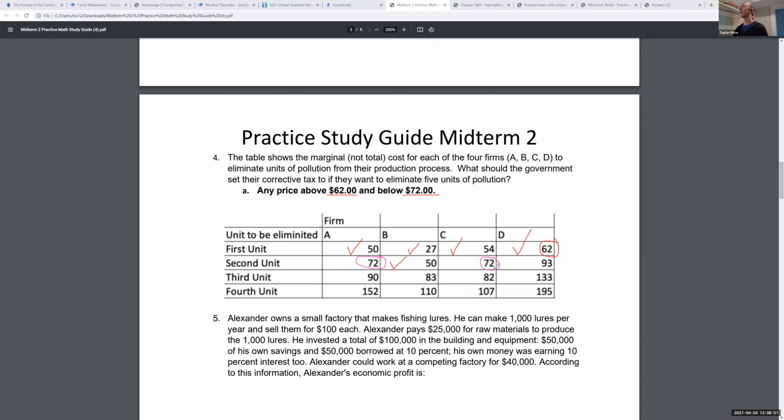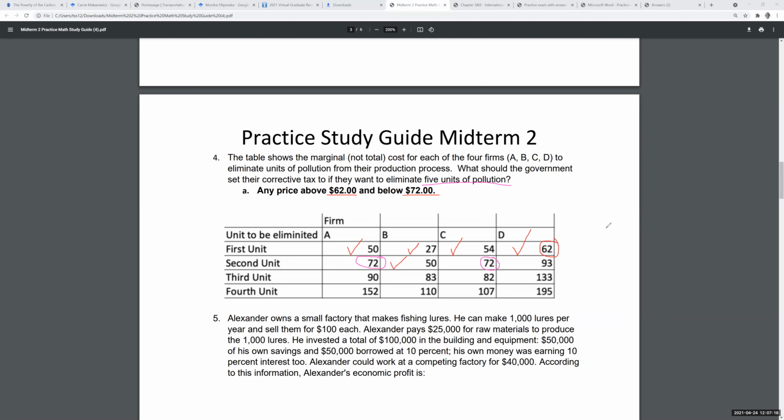It's going to say, what price could the government charge if they wanted to eliminate 5 units of pollution? So basically for that, you would just need to count the units of pollution and then know that a price between 62 and 72 would allow the government to eliminate 5 units of pollution.